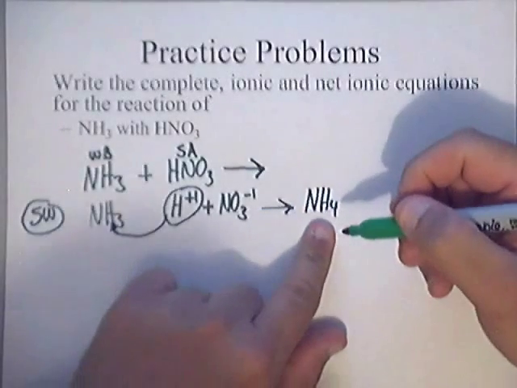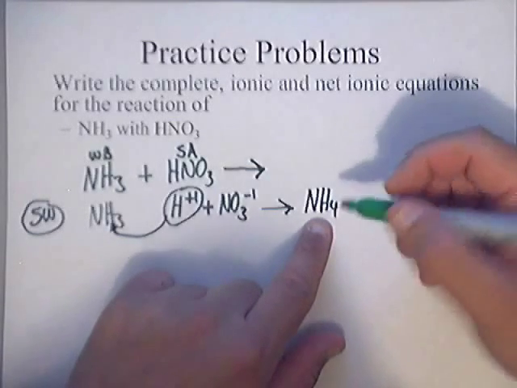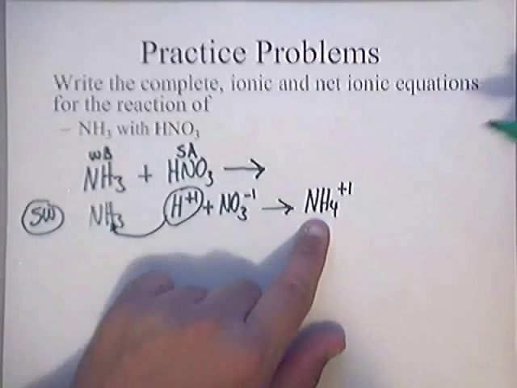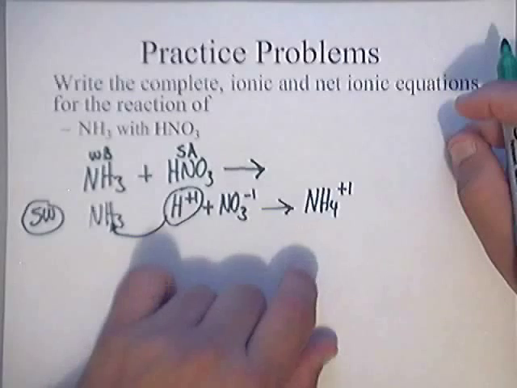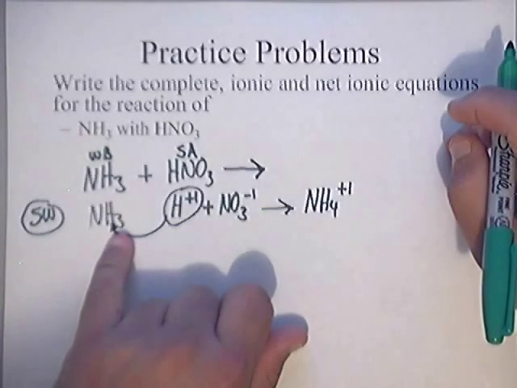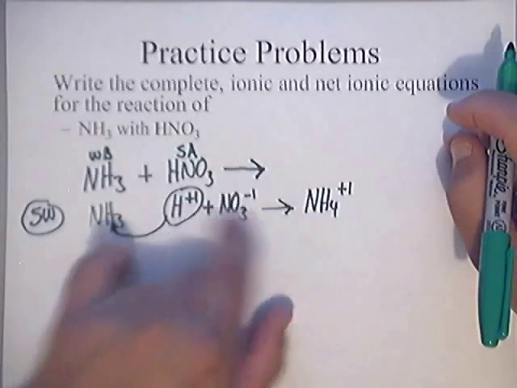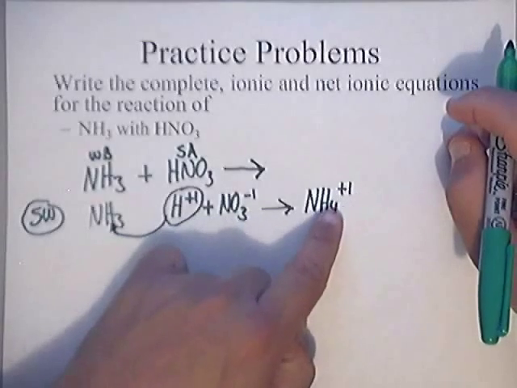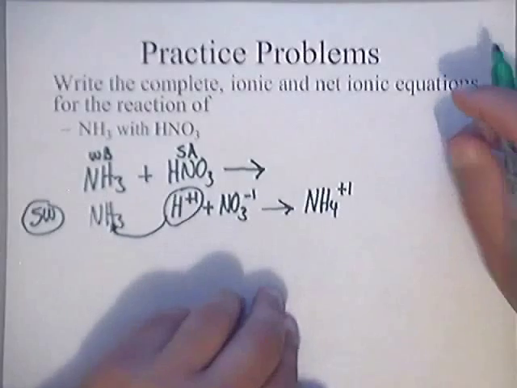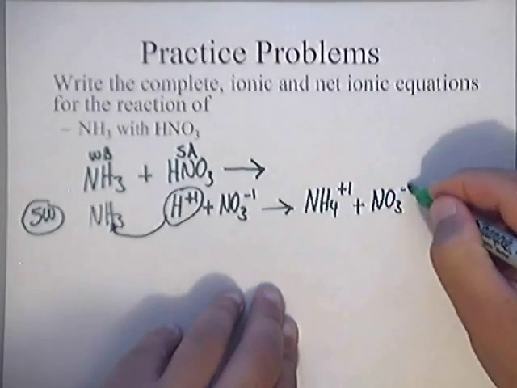Now that looks familiar. That's because NH4 is really close to NH4+1, which is an ion. That's an ammonium ion, because if we add this extra hydrogen to it, we increase the count from 3 to 4, and we pick up an extra charge of +1. That's where this +1 came from. When we do this, we're leaving behind the NO3, so that gives us NO3 -1.